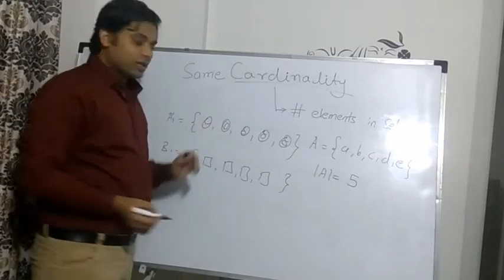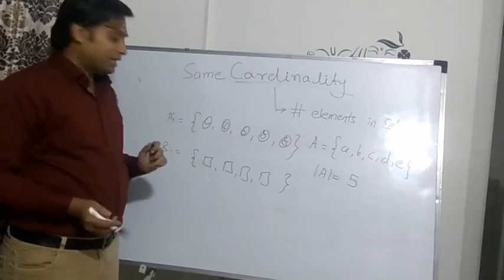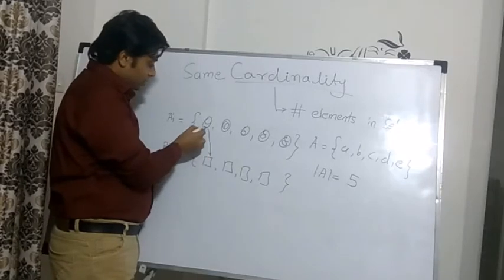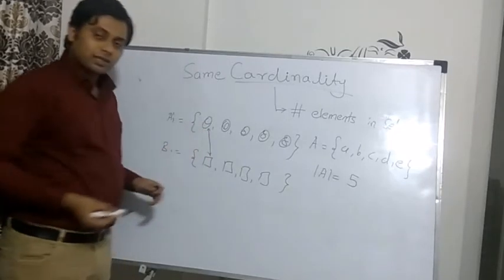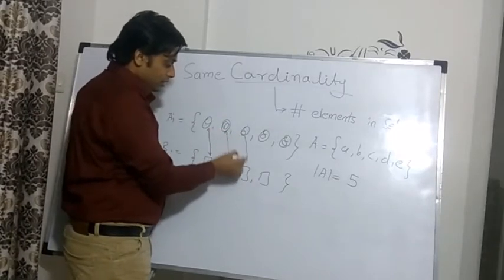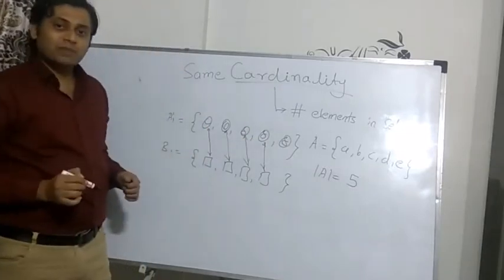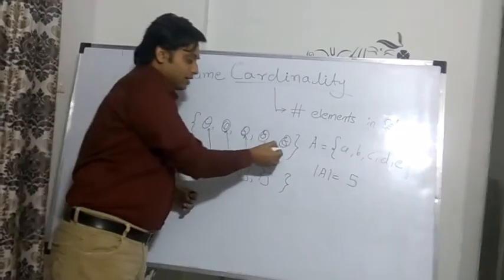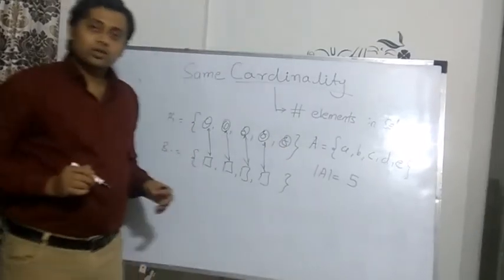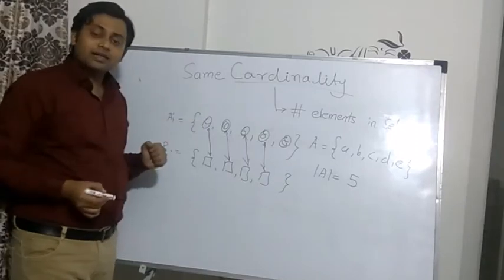Without actually counting, how can we find out? We will map the first element of set A1 with one element of set B1, another element of A1 with another element of B1, the next one and the next one. After finishing this mapping, we will come to know that there is one extra element in set A1 which is unmapped. So we can conclude that the cardinality of A1 is greater than the cardinality of B1.